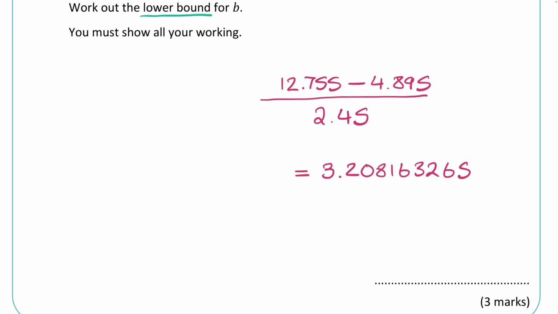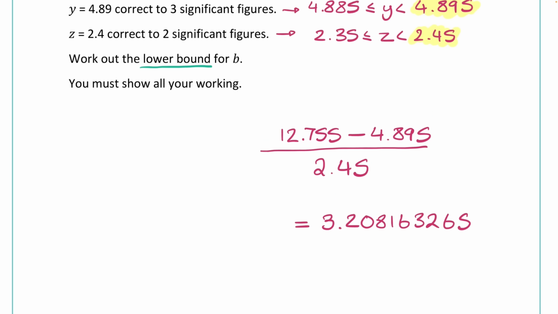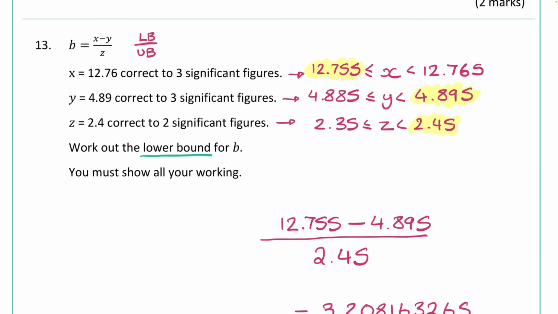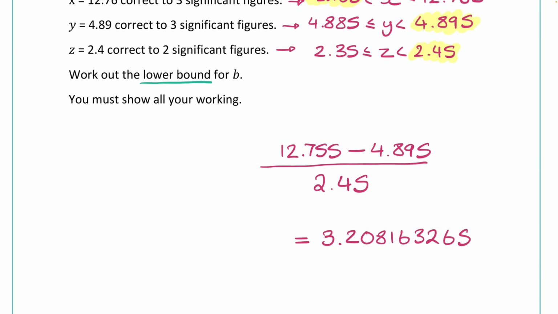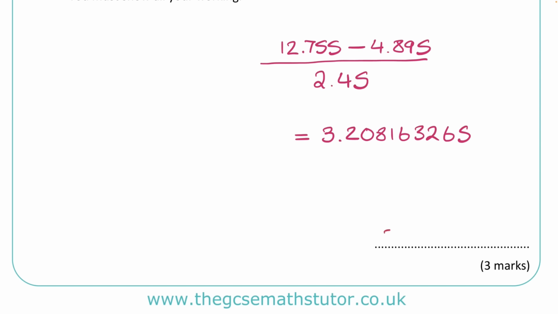Now, on my actual calculator, it does actually keep recurring. It goes on for quite a while, but if you have the little button on your calculator that rounds it slightly, then I'm going to write that number down. So that is my lower bound for B. Now again, it doesn't tell me here to give my answer to a certain amount of decimal places. So I would leave it like that. Obviously that's quite a big number there, but I'm going to write it on the dotted line.